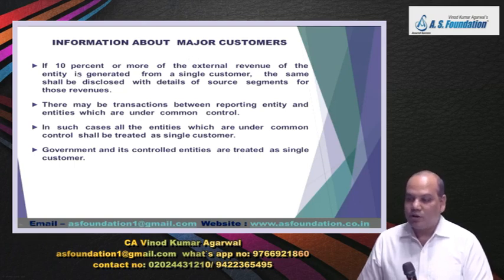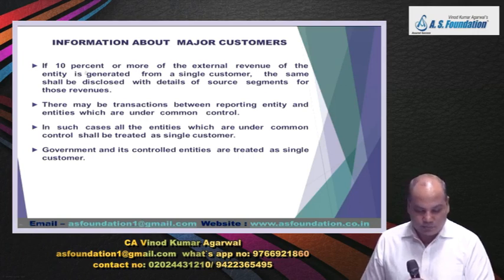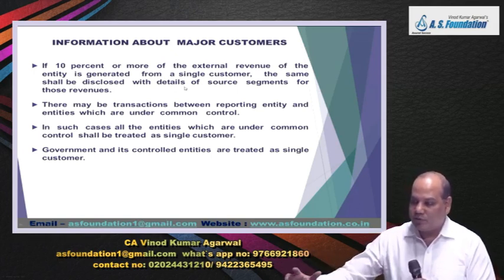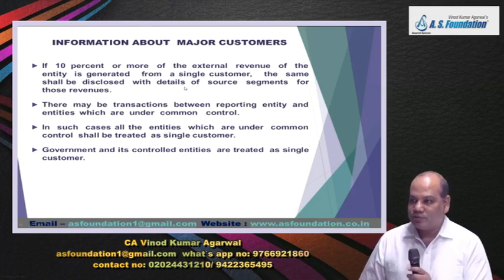Now, information about major customers. When we are doing business with few customers, and if we are exposing ourselves to few customers in a major way, we are exposed to risk also.